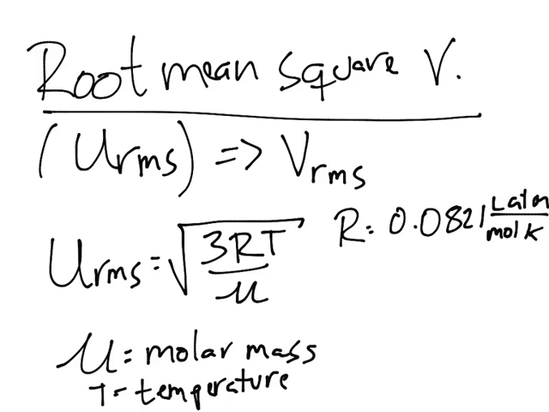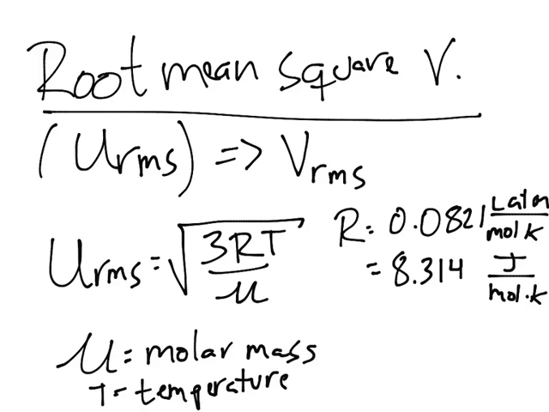However, there is another value for the R. It's the same R, still the gas constant, but it'll have different units. That's why it has a different value. It's 8.314 joules per mole Kelvin.